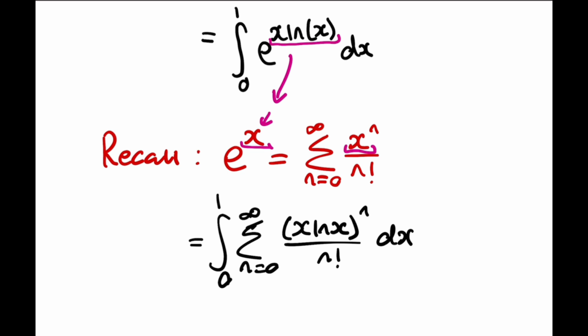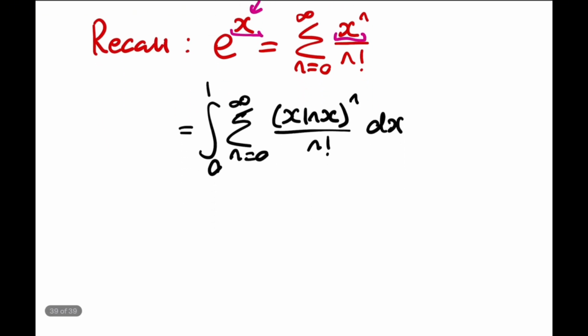So hopefully you can see what has happened here. We've replaced the x in the series expansion for e to the x with x ln x. We are allowed to do that. That's perfectly okay.